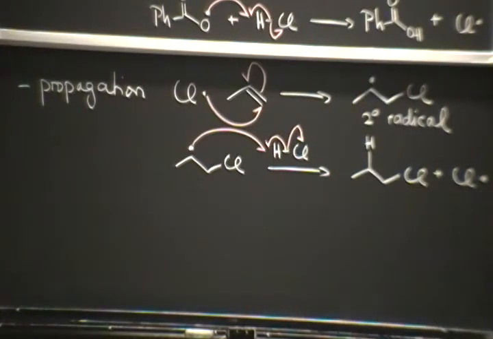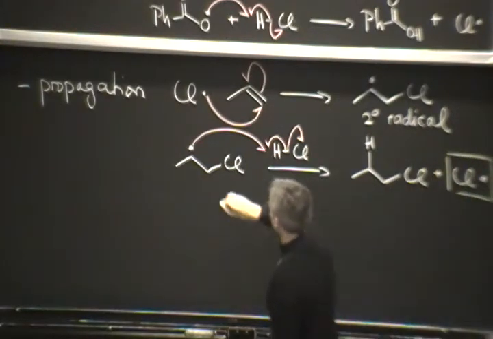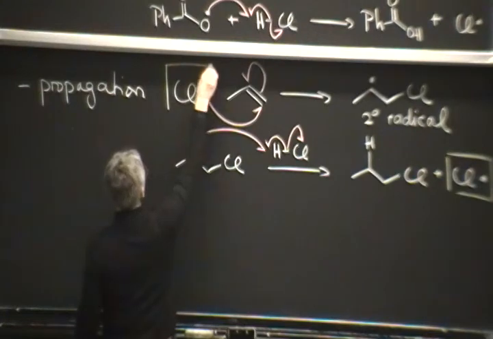So this Cl dot then of course reacts again in this chain reaction pathway and starts at the top here. It's the first equation.